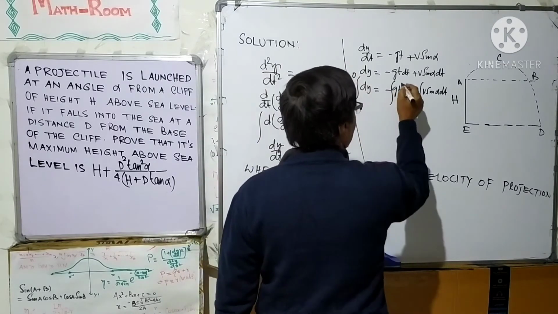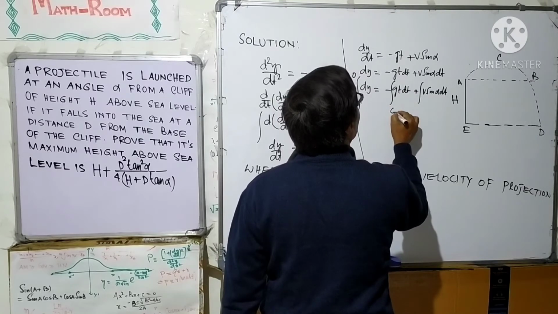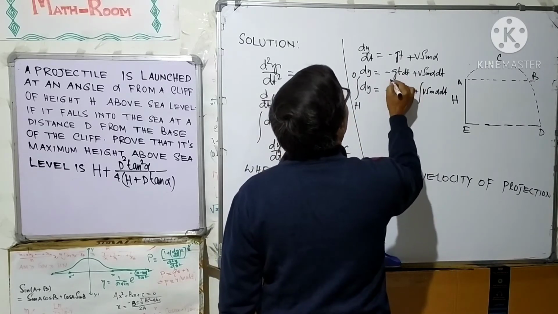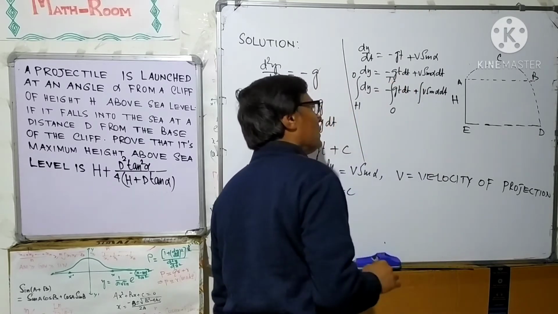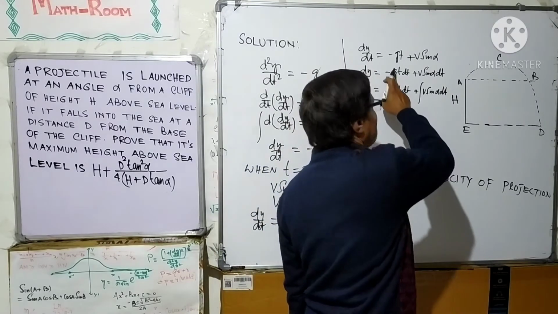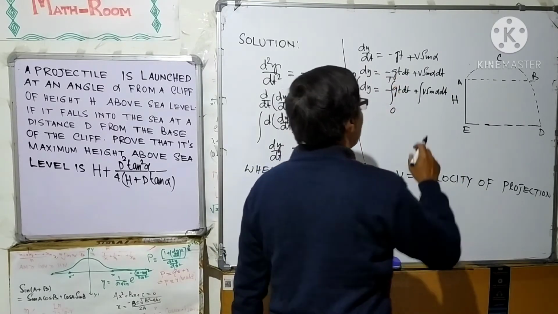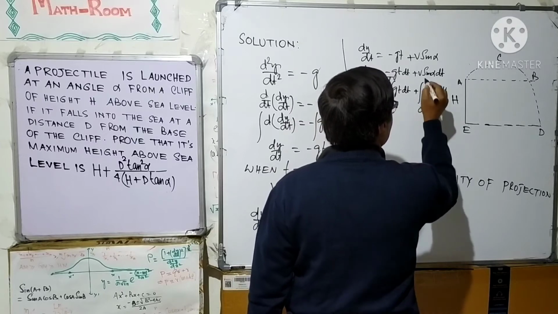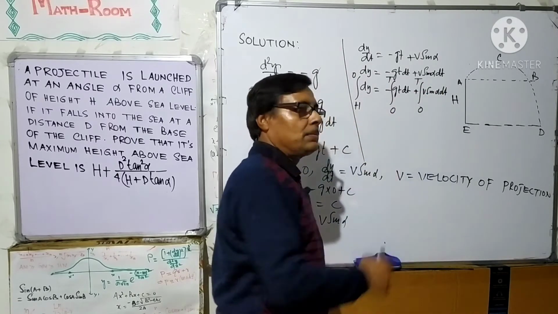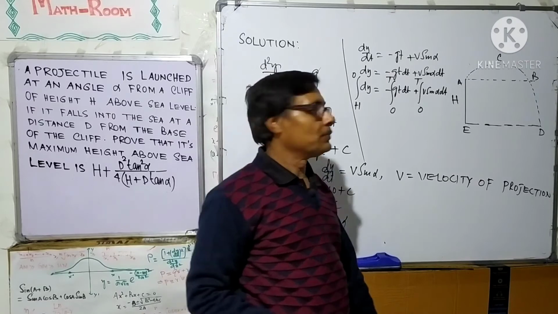So this is also 0 to capital T. Suppose the final time is taken as capital T, and the initial time is 0.